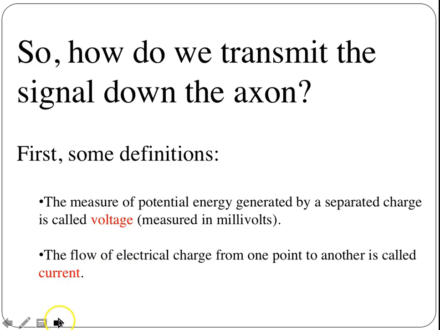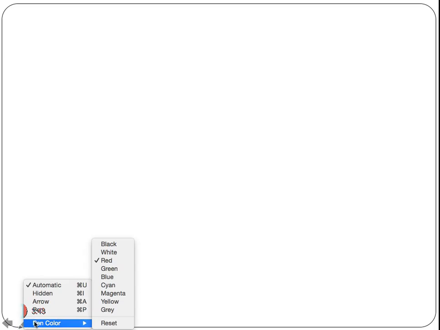Okay. Bear with me, because I'm going to be doing quite a bit of drawing. When we're talking about voltage, what's going to be separating our charge is the cell membrane. So here's the cell membrane, this is the phospholipid bilayer.